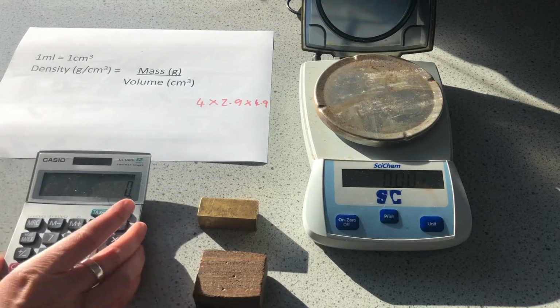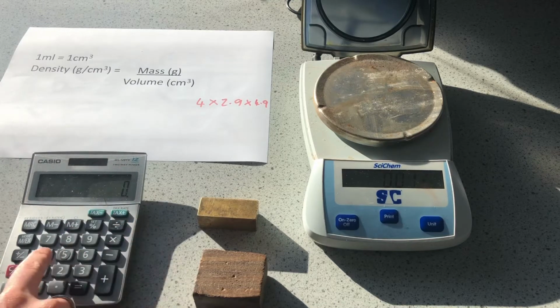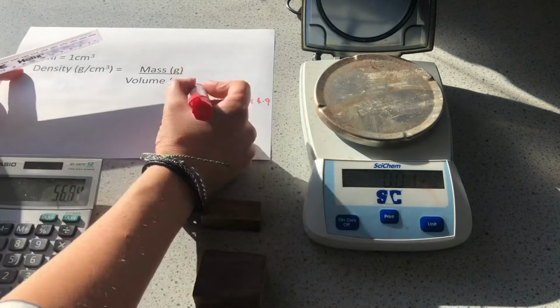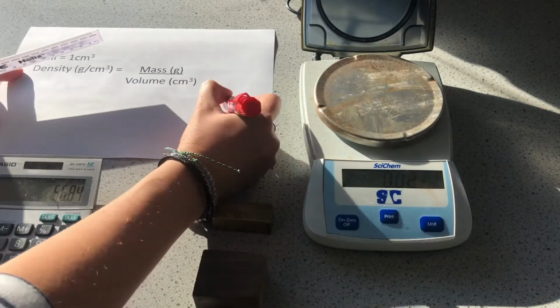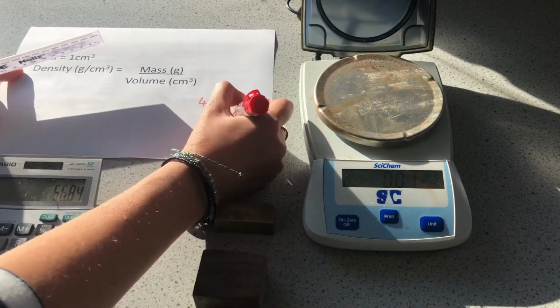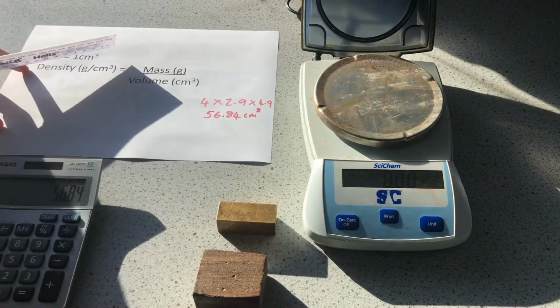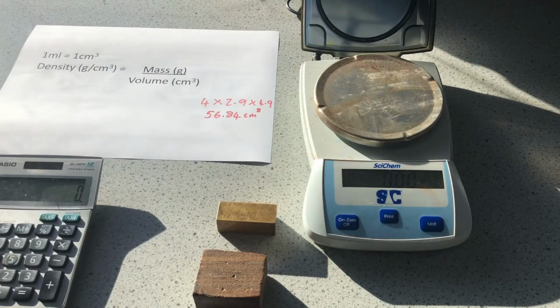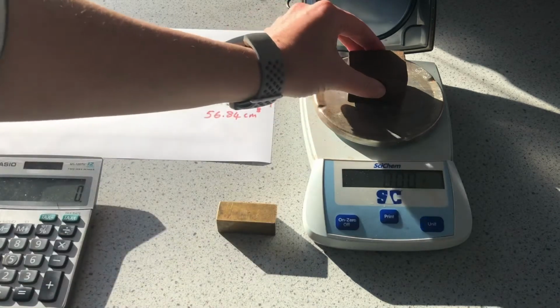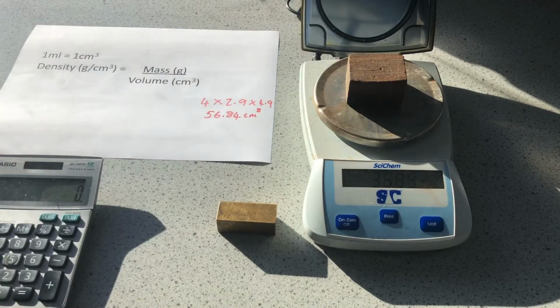I always like to use my calculator so I don't make any mistakes. 4 times 2.9 times 4.9 equals 56.84 centimetres cubed.